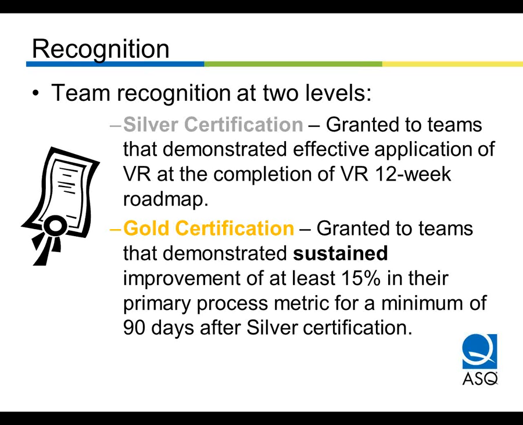They had to demonstrate knowledge of the tools and the roadmap, and that they had squeezed variation out of the process. Gold certification was granted to those teams that demonstrated sustained improvement of at least 15% in their primary metric for a minimum of 90 days after silver certification. So this got at the discipline of sustaining the improvement over time.